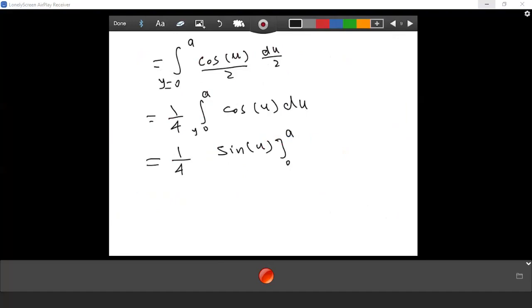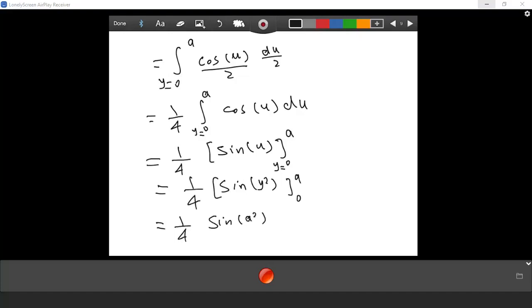When you finish, get back to your original variable. So this one is sine y squared, from 0 to a. Now it is 1 over 4 sine y squared; I substitute by y equal to a, minus the substitution of sine 0. I know sine 0 is 0, so I end up with sine a squared.